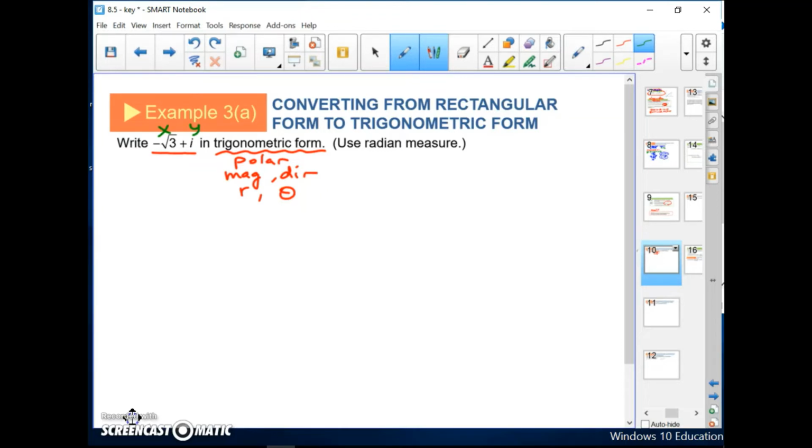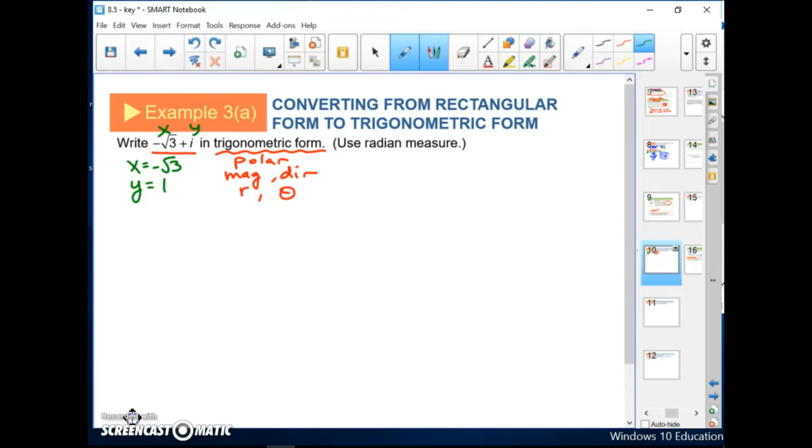X being negative square root of 3, and y, well, there's just a 1 there with the i. Y is 1. So we've got our x component and our y component.